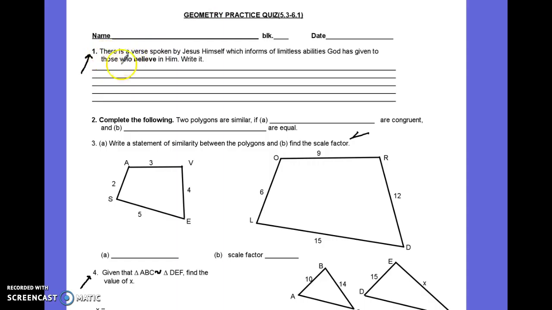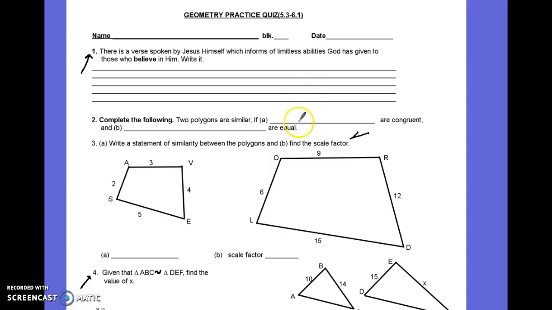First of which should be this: there's a verse spoken by Jesus himself which informs of limitless abilities God has given to those who believe in him. Write it. These abilities should, I trust, start to come into full bloom in your lives, not only for your academics, but also in all of your endeavors in life.